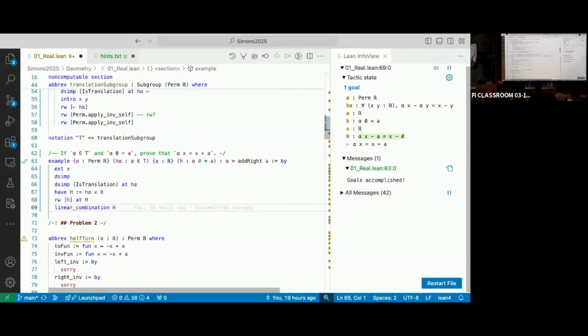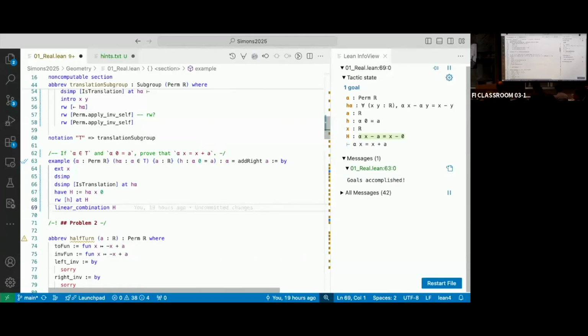So a modified problem, which is constructed under the hood by the linear combination tactic, is: given that alpha of x minus a minus x minus 0 is 0, prove that alpha of x minus x plus a is 0.